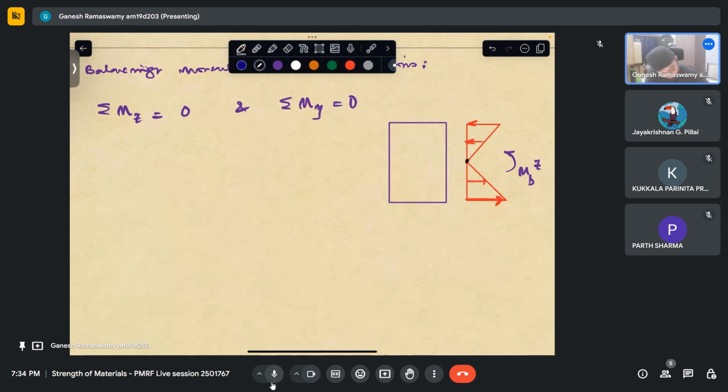This will be my y cross sigma x. This is sigma x. Y cross sigma x added with mbz should be equal to 0 because of equilibrium.